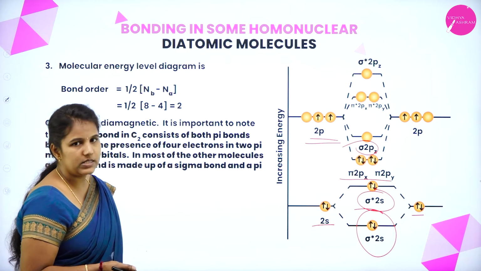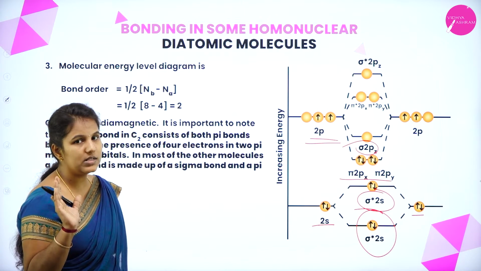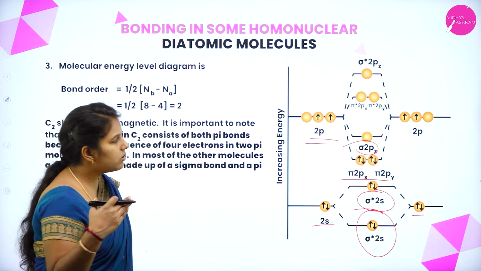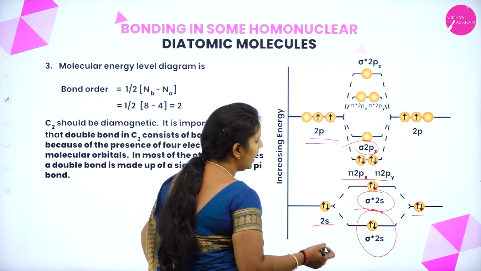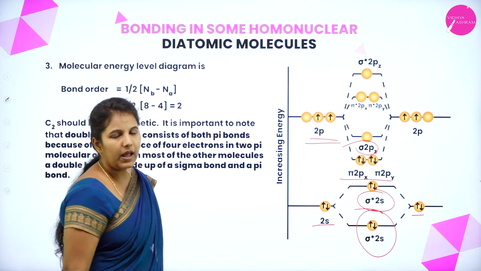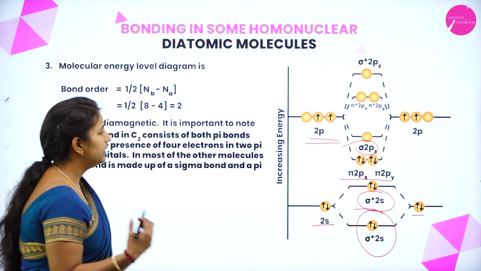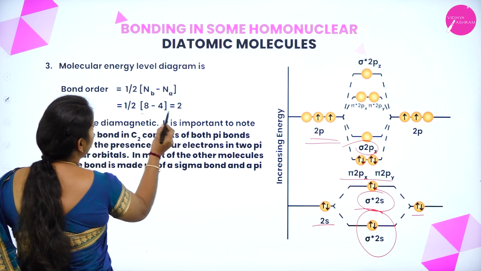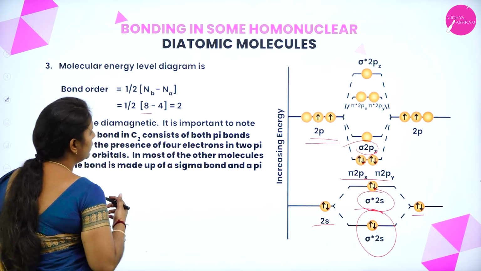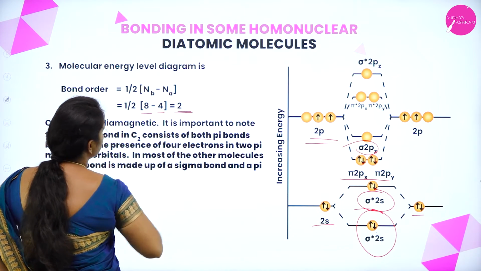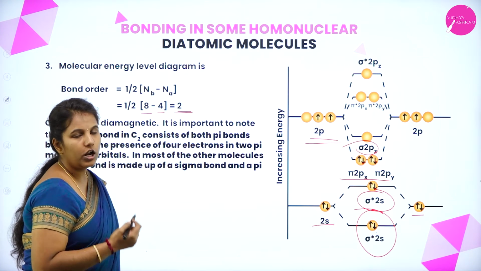So this indicates that when you are looking at this diagram of the carbon, how many bonding electrons will be involved here? You can see here 2 plus 2, so totally there are 8 electrons involved, minus how many are there? 4. So it is 4. So it gives us a bond order of 2.